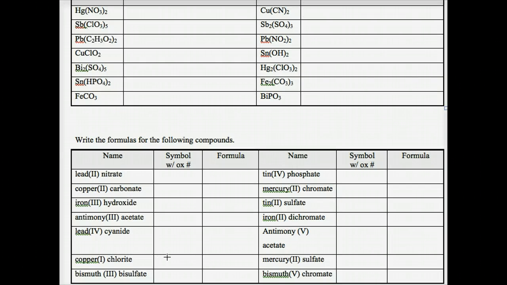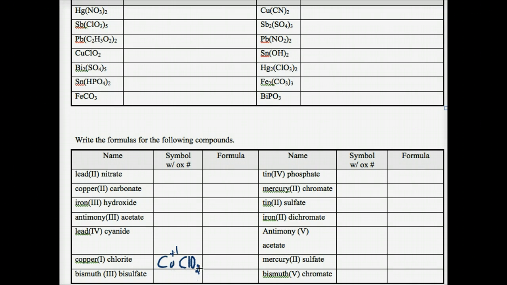One more, and I'm going to do this one purposely. Copper 1 chlorite. Copper 1 means it's +1. Chlorite, and this is why I'm doing this one. We haven't mentioned the -ite, okay? I know that chlorate is ClO3, so -ites are the same but with one less oxygen.